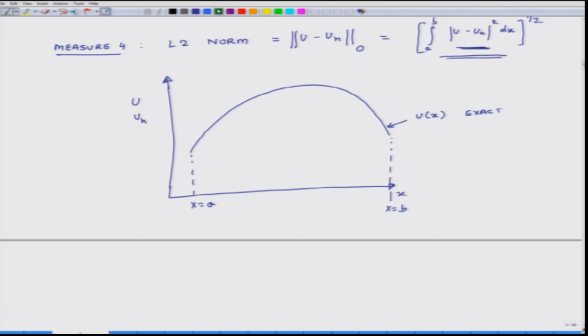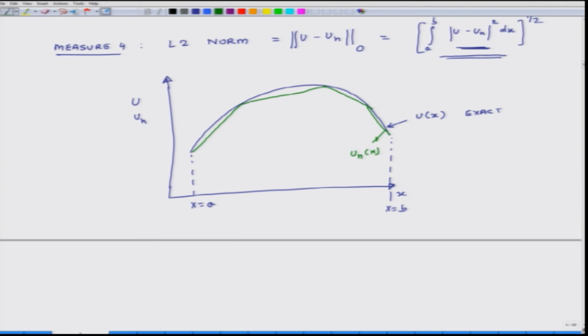Okay. Next, what I am going to plot is, so this green line is the FE solution, which is uh. So, what you see is that I have broken the domain for FEA into how many parts? 4 parts, and I am using an interpolation function which is linear, right.